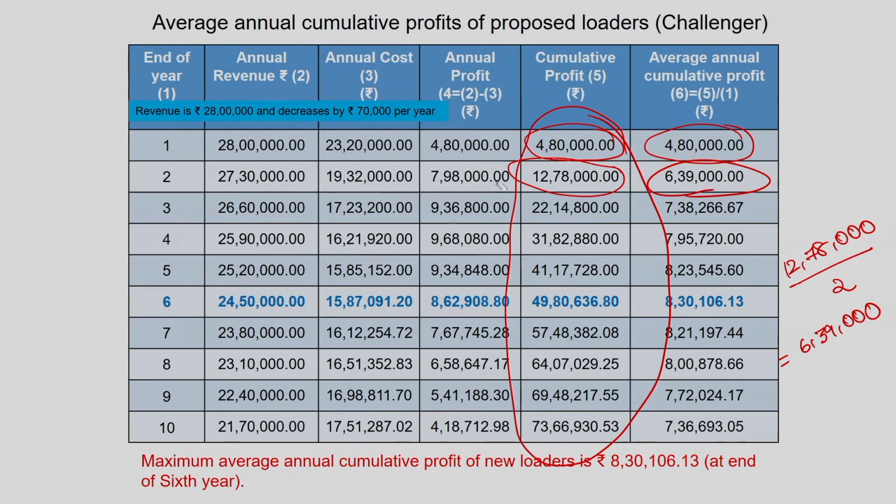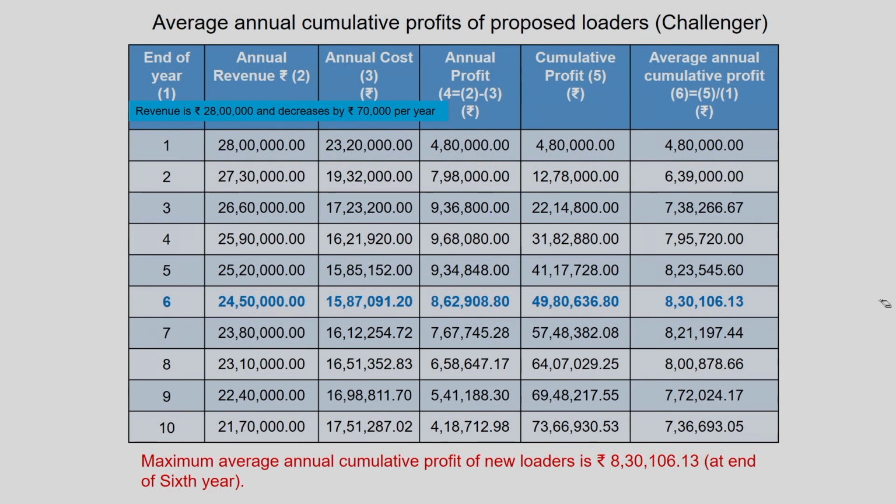So now you can again determine the economic life for your proposed loader. You can see the profit is increasing with time. Okay, so you are getting a trend like this. Your profit is increasing, and at a particular point, it reaches the maximum. Then again it starts reducing with the age of the machine.